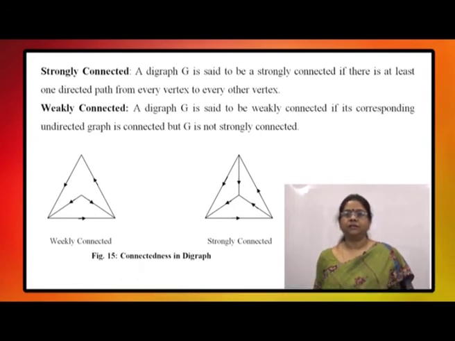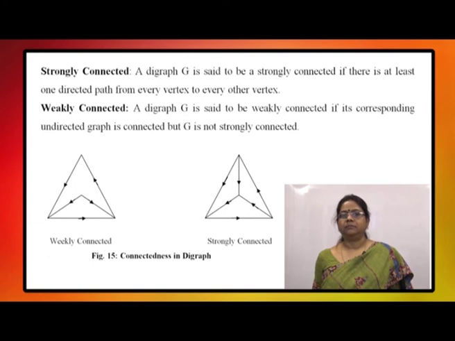In figure 15, we can see two graphs. The right hand side is a strongly connected graph. We can see that there are four vertices, and between any pair of vertices there is a directed path.